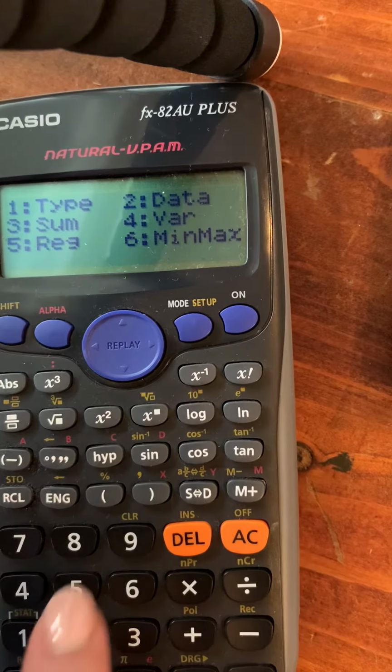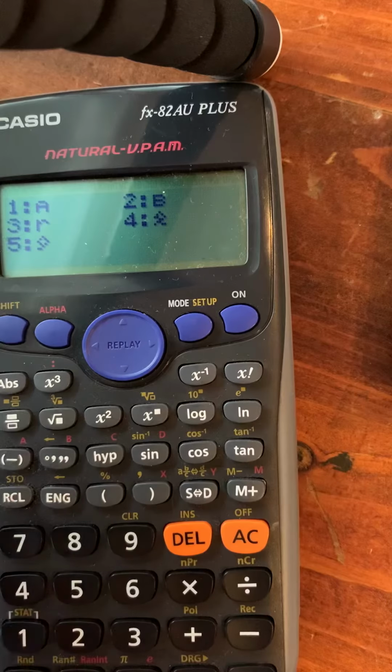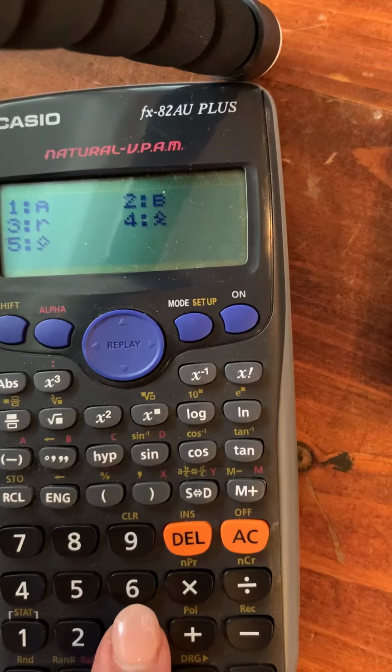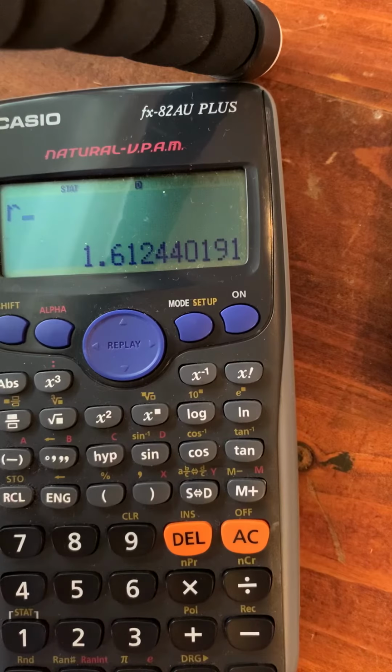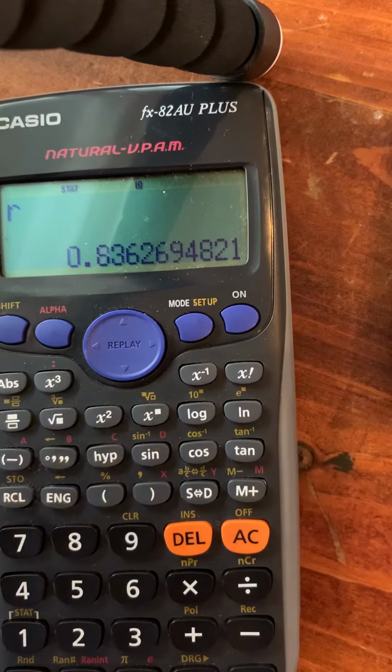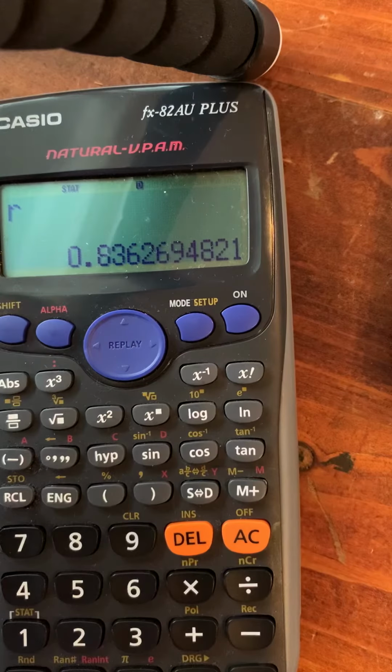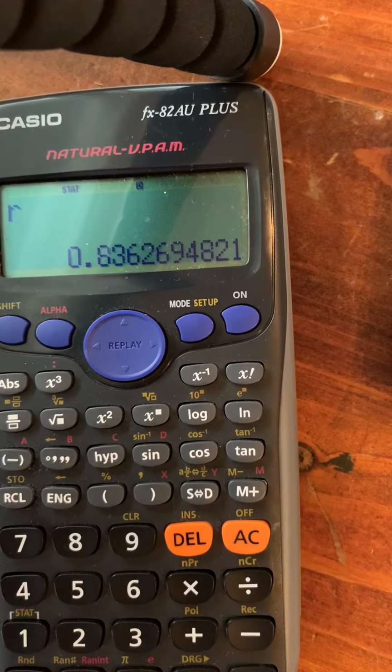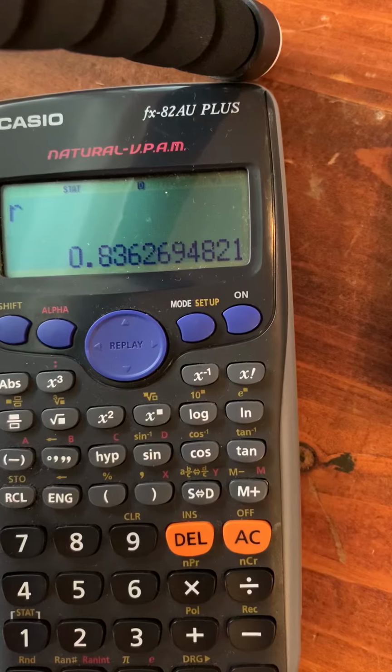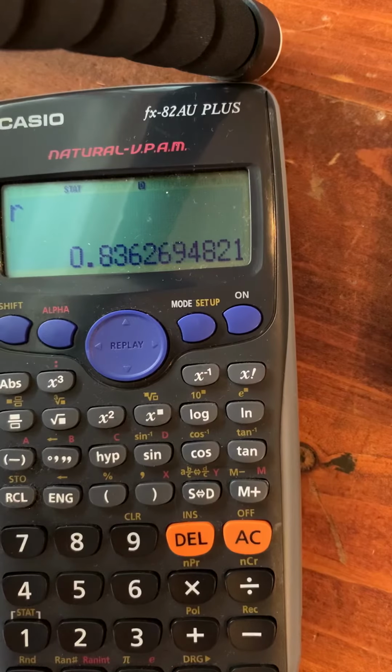Now, one more time. This is a separate thing we're doing now. It has nothing to do with writing the equation, at least. So let's pick 3 for the correlation coefficient, and the correlation coefficient is 0.836, etc. So that's a strong positive correlation, which is what we expected.